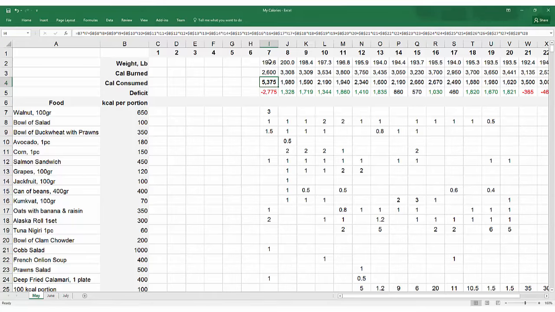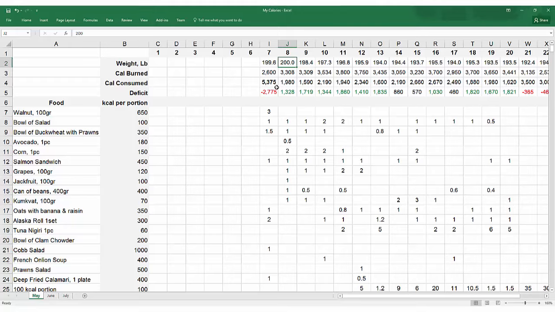And sure enough, the next day I gained half a pound. So my weight before was 199.6, and the next day I was at 200. That's insane. And when I started calculating calories in food that I eat, I quickly discovered which foods were high in calories and which foods were not.